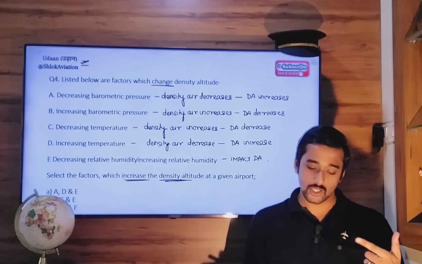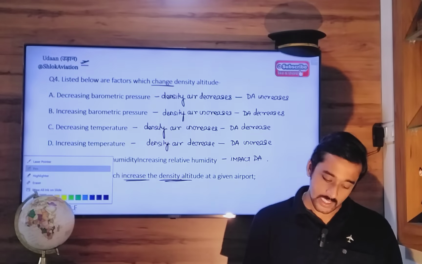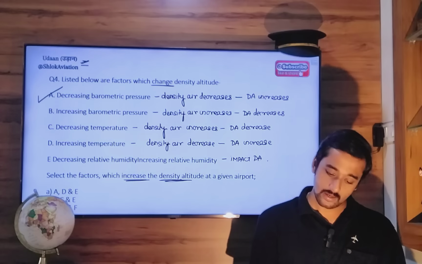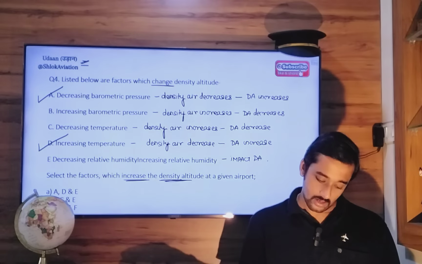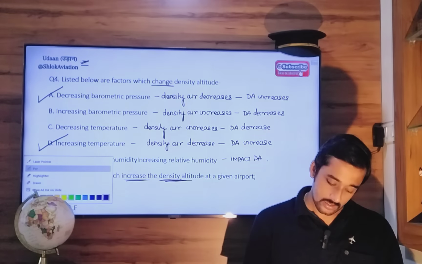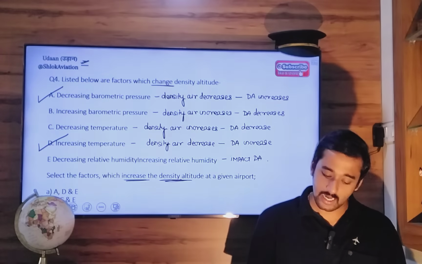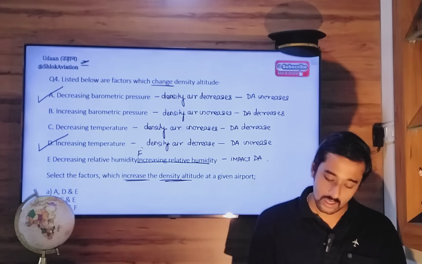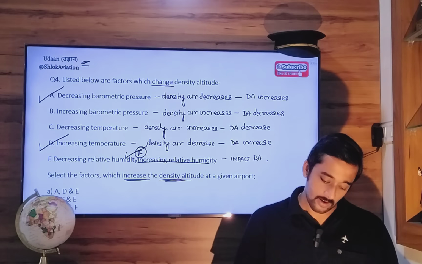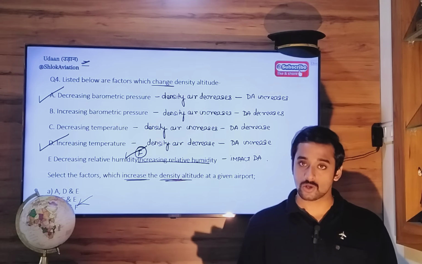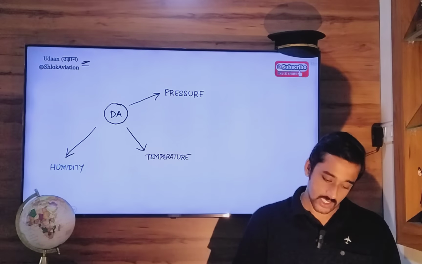Okay, which increase. So density altitude is increased by option alpha, option delta, and this particular option, increasing relative humidity, will be foxtrot. So option Charlie, alpha delta and foxtrot will increase density altitude.